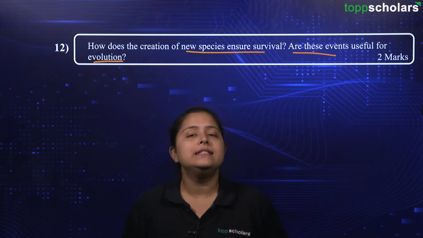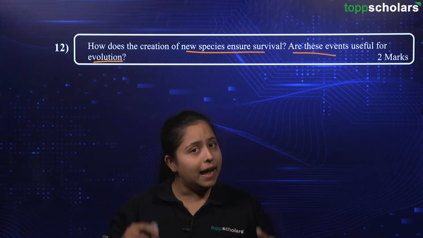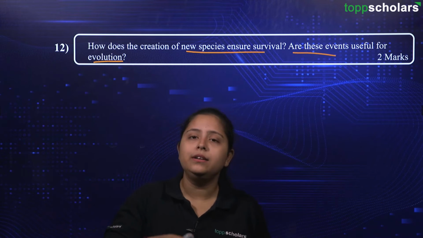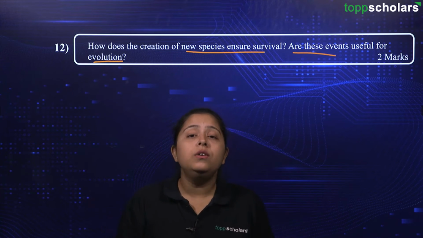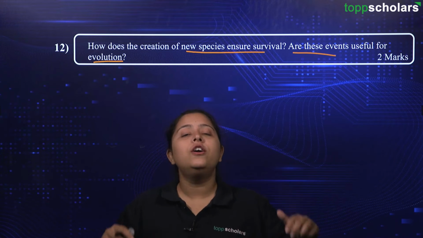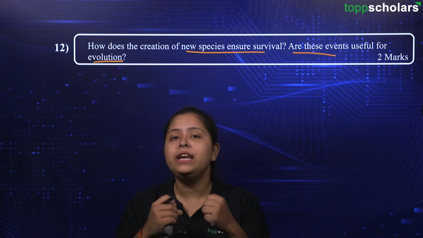So the point of discussing all this is that the environment keeps on changing, and as the environment changes, the species tend to adapt to it, and hence there is creation of new species owing to incorporating different kinds of variations, and all of these things are basically the building blocks for the process of evolution.